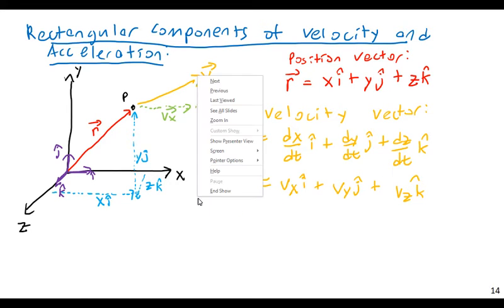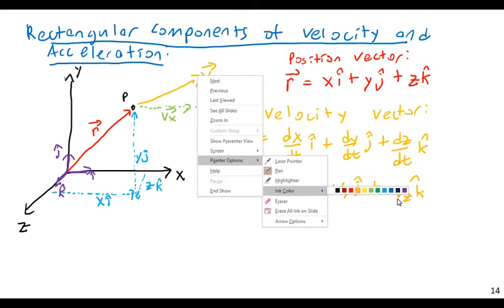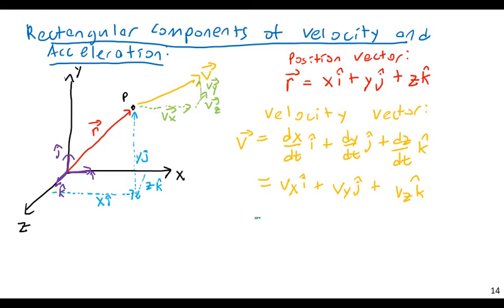And in similar vein, the acceleration vector, which I could also draw out if I wanted to, but I think you get the idea of just having a vector and drawing it out into components. If I had a little more time, I would actually draw out the acceleration vector, but I think it's fairly straightforward.